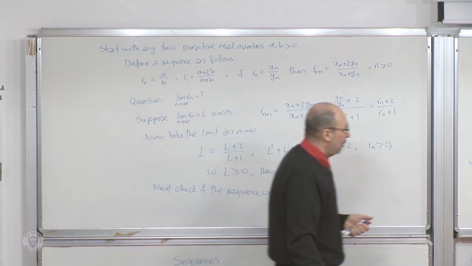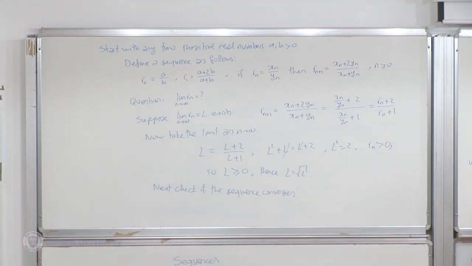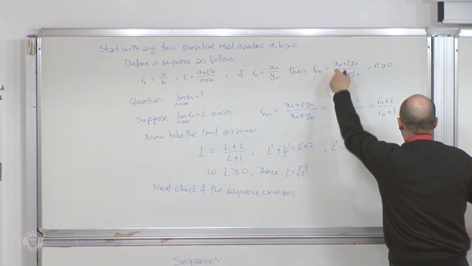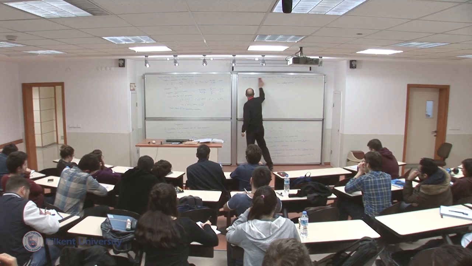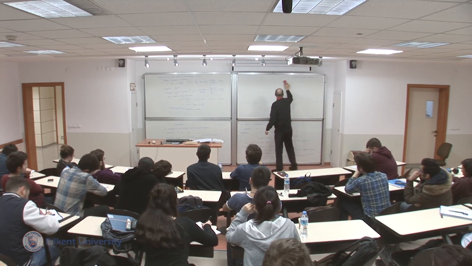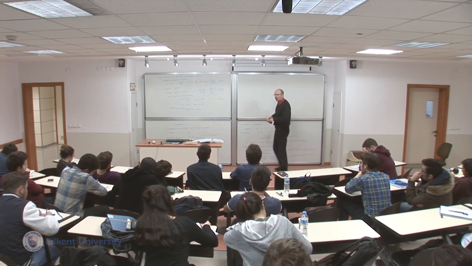So how do you check this? There's no rule here. You have to play with the general expressions here. First thing, after you do this, you will eventually find out that both the numerator and denominator are going to infinity.